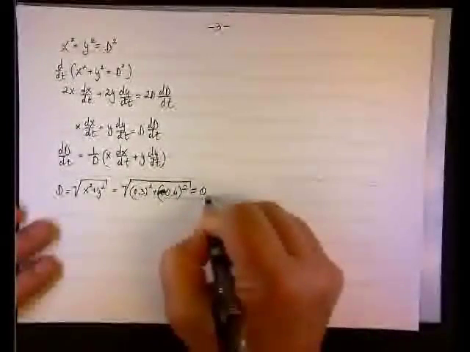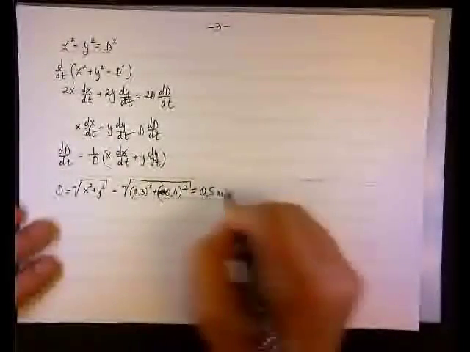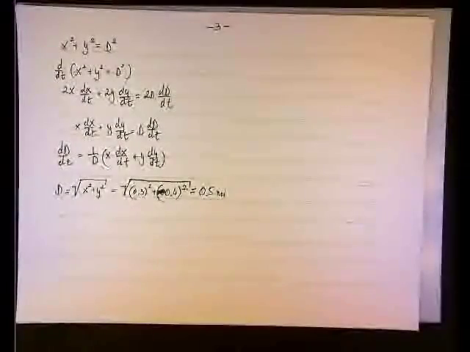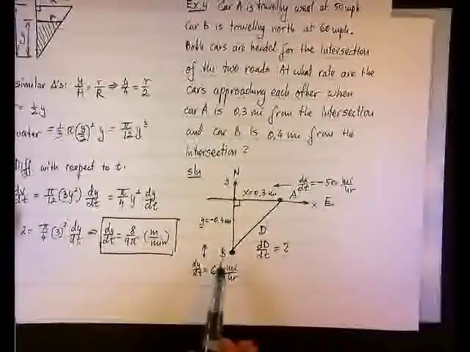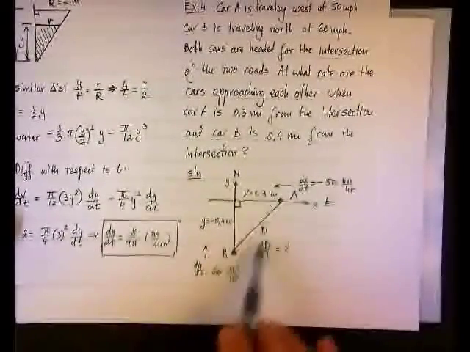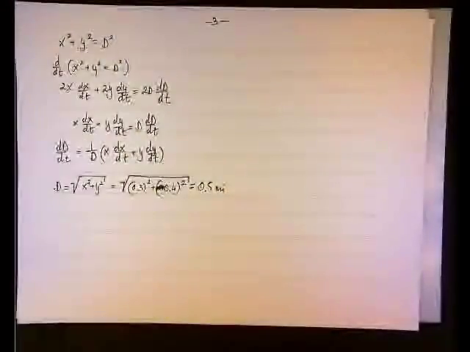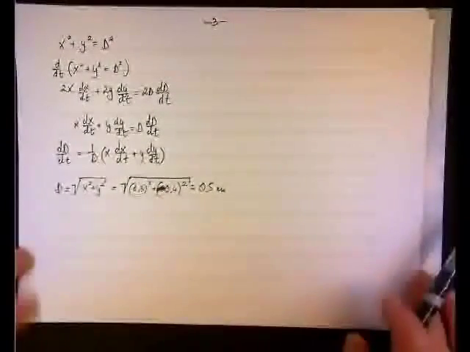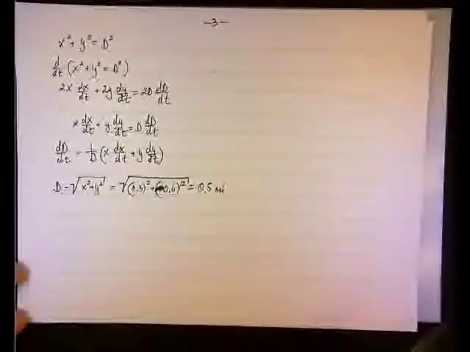So this becomes 0.5 miles. So the distance at this point where x is 0.3, y is negative 0.4, the distance would be half a mile at this point. Okay? And now we are ready to calculate the whole thing.